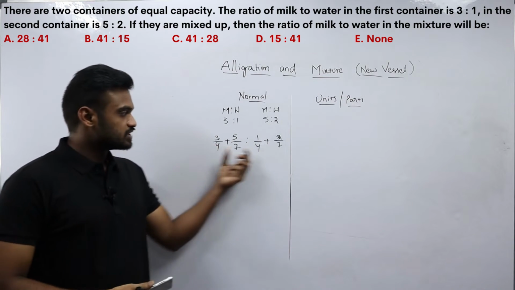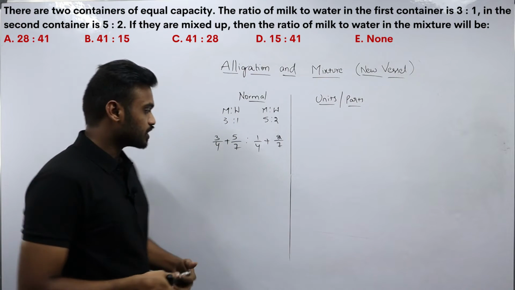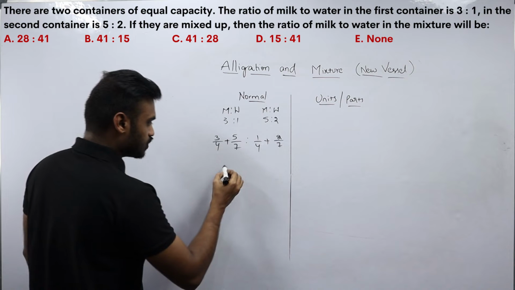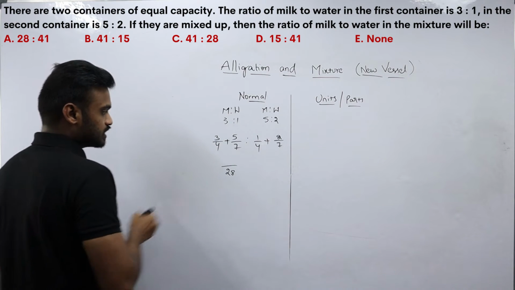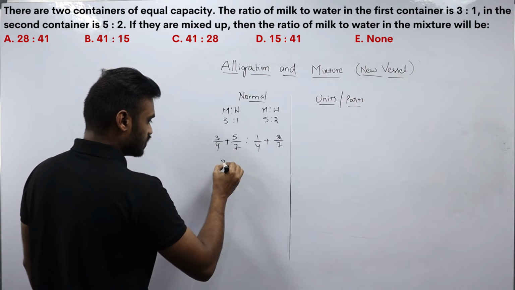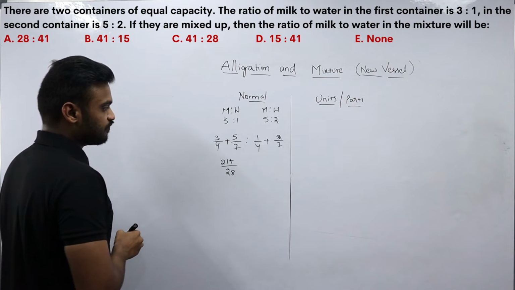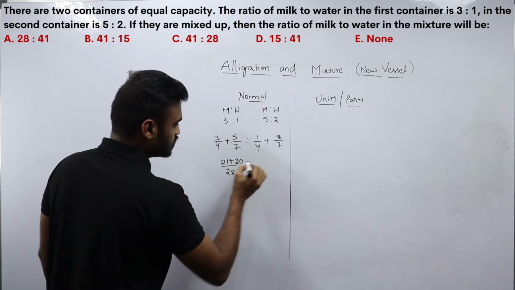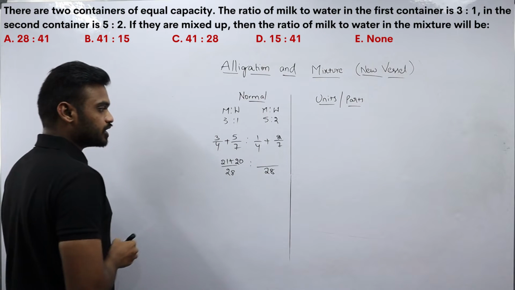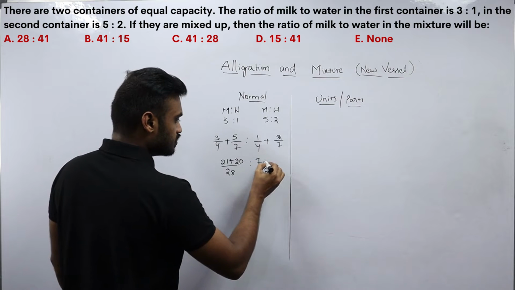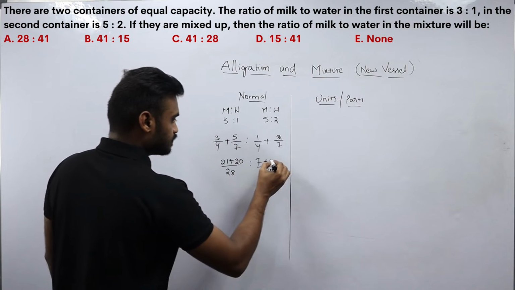Now if I solve this, I will get the total ratio of milk to water in the resultant quantity. The LCM of 7 and 4 is 28. 3/4 into 28: 4 sevens are 28 and 7 threes are 21, plus 5/7 into 28: 7 fours are 28 and 5 fours are 20. For water, the LCM is 28, and 1/4 into 28 is 7, plus 2/7 into 28: 7 fours are 28 and 2 fours are 8.